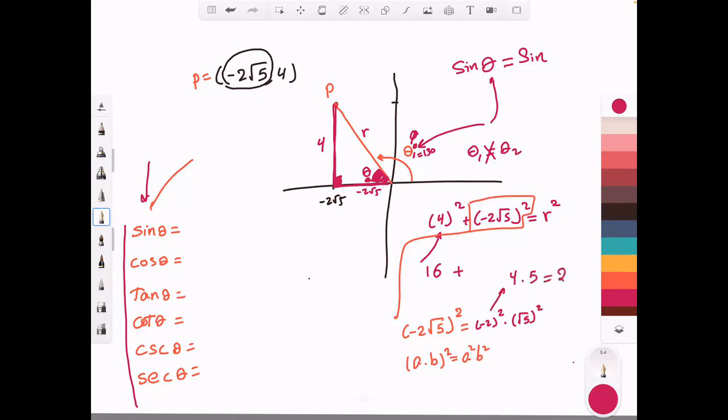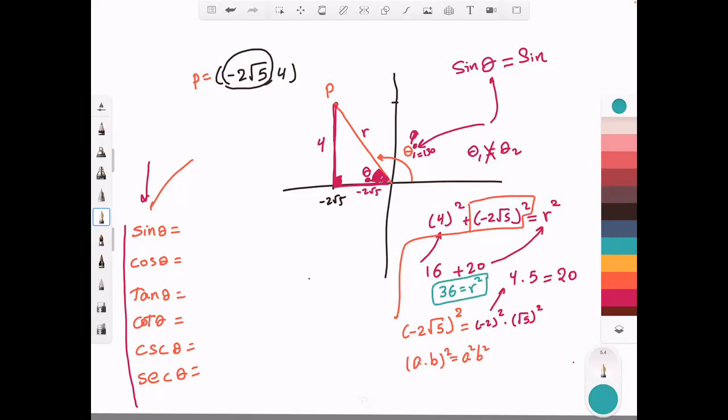You multiply, you get 20. Am I right? Okay. We get 20 here equal to r squared. When you add them, we get 36 equal to r squared.